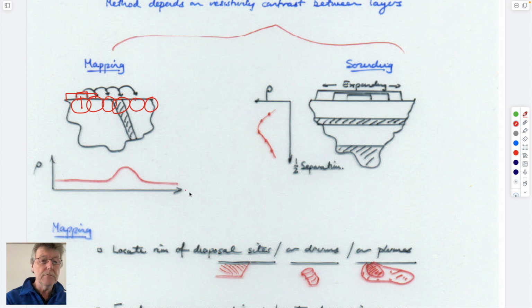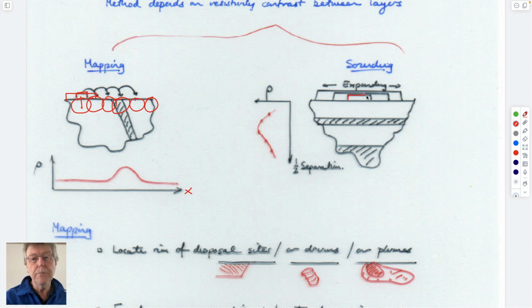And if you plot it with location, you can pick up some kind of feature that you've all of a sudden discovered that would have a higher resistance or a lower specific conductivity than the material around it. So it might be a clay or a fault that has water in it, or something else that has a different resistivity.